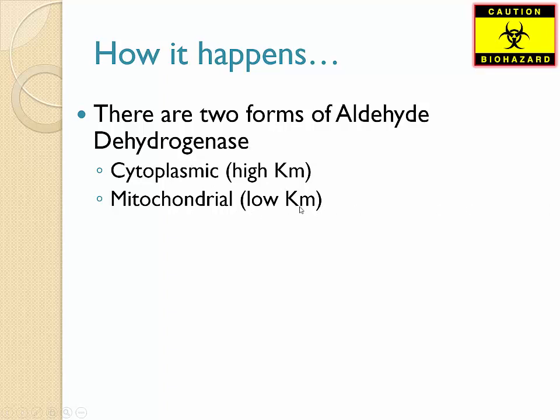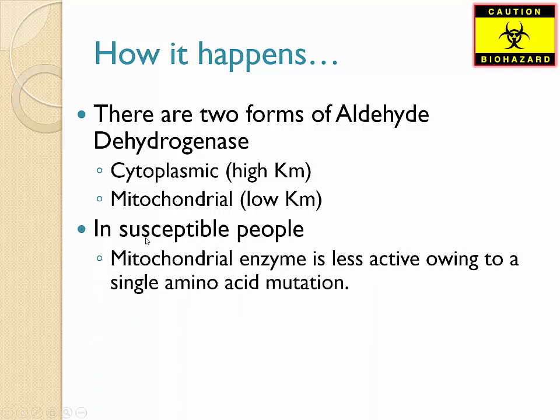These are pretty much isozymes of each other, very, very similar enzymes processing the same reaction. Remember, similar enzymes, different genes, same reaction, almost identical. Those are isozymes. So we have cytoplasmic aldehyde dehydrogenase, mitochondrial aldehyde dehydrogenase, and those are isozymes. Now, in people with the disease, the mitochondrial enzyme is less active owing to an amino acid mutation.